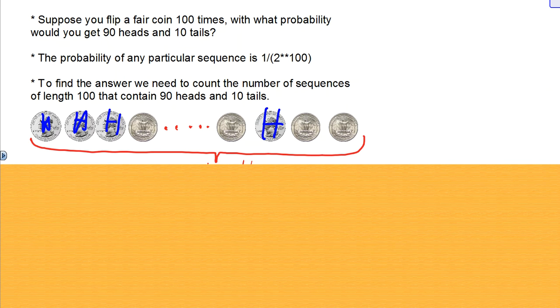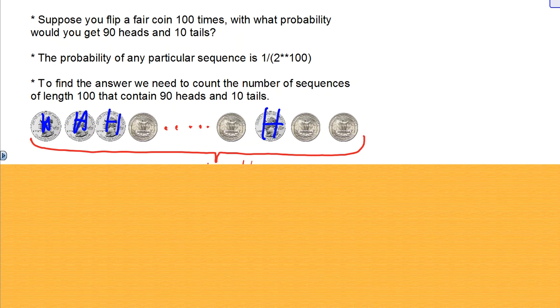Just here we have 90 heads and 10 tails. So the numbers are bigger, but the principle is the same. We want to know how many ways there are to order the heads and the tails if there are 90 heads and 10 tails.